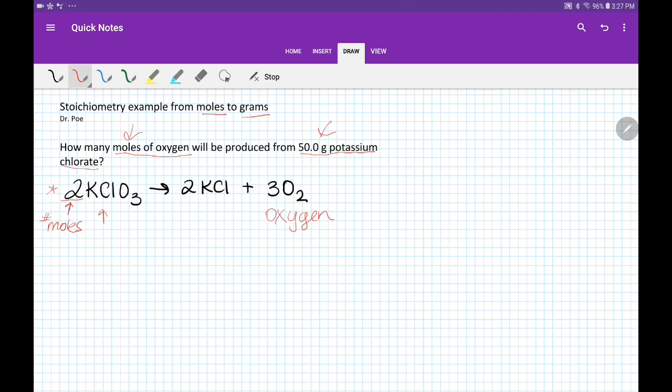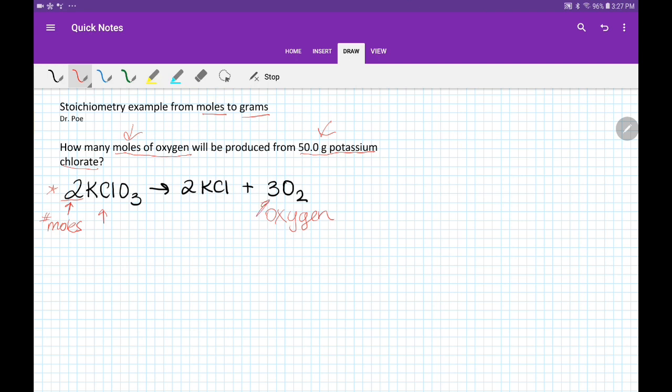This is just like if there was a dozen, this would be 2 dozen. Moles is just a way to count. If this was pairs, it would be 2 pairs, but we're in chemistry, so our numbers we call moles. So 2 moles of potassium chlorate will produce 2 moles of potassium chloride and 3 moles of oxygen.